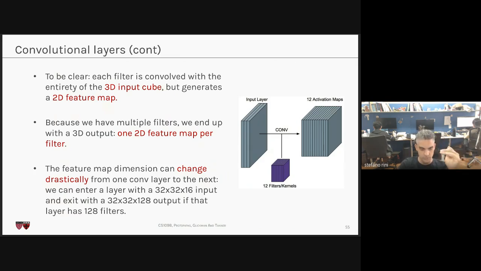The 3D input cube is horizontal pixels, vertical pixels, plus 3 channels. So then the convolutional kernel is a 2D mapping, right? And since we have multiple filters, we have a 3D output because we apply one filter for each 2D feature map. Okay.